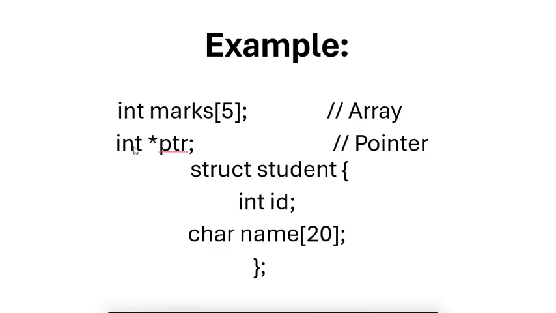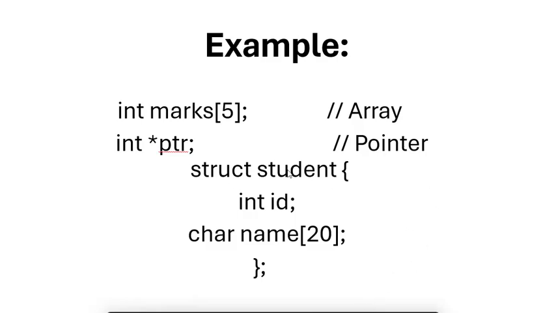Then int *pointer, it is a pointer data type, and this declares the pointer to an integer, and it can store the address of an integer variable. For example, if I take int x = 10, pointer is equal to address of that x. It can store the address of an integer variable. The pointer points to x.